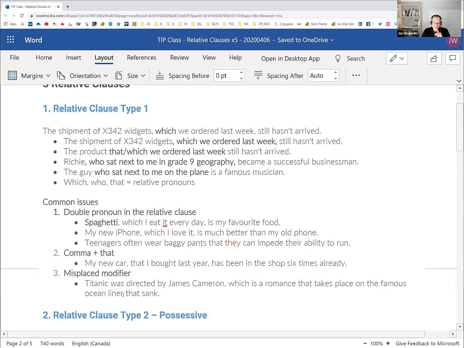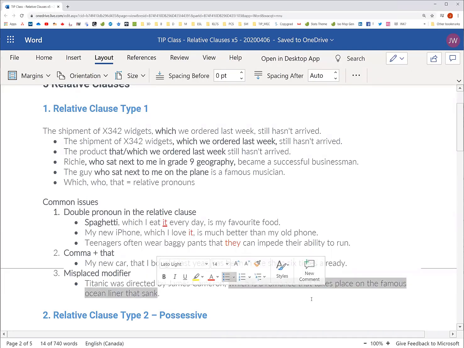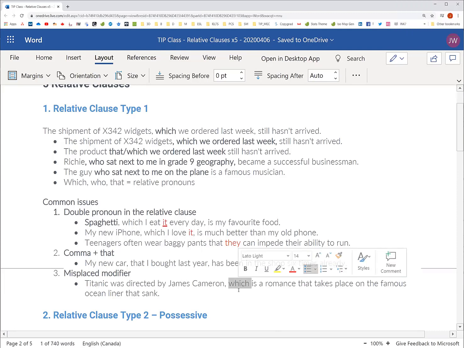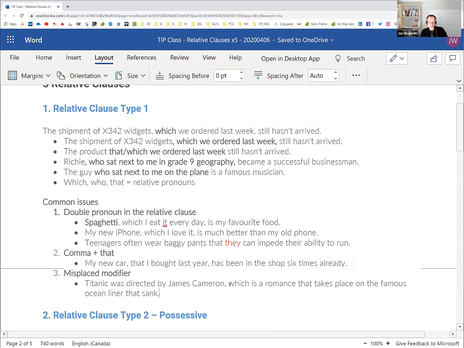You've got 2 relative clauses here. You've got this one, which is fine, and this big one. Now, what does which represent? Again, which is a relative pronoun. What does which stand for here? Titanic. Yes. So the rule is the modifier, the relative clause, needs to go directly after the thing it's modifying.